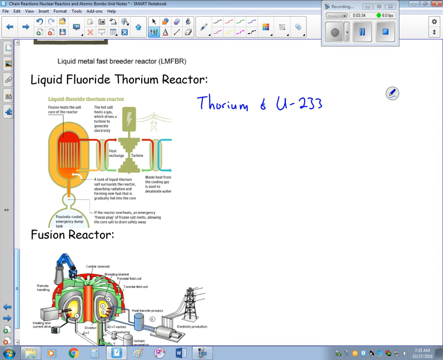And what happens is that this thorium and uranium-233 are dissolved in a carrier salt. Then heat from that liquid salt is transferred to a non-radioactive liquid salt, which is then used to boil water. So this thorium and this 233 and this salt is very hot.